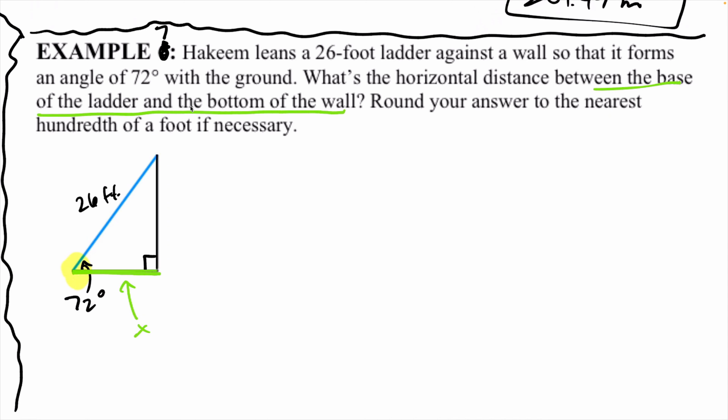That's cosine. So the angle is 72 degrees. We said adjacent is x. We said hypotenuse is 26 feet.